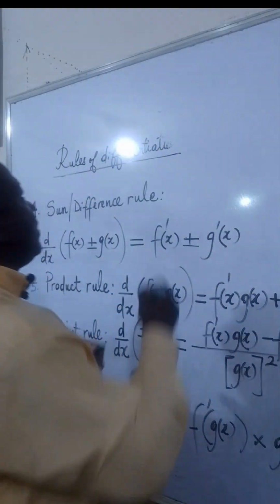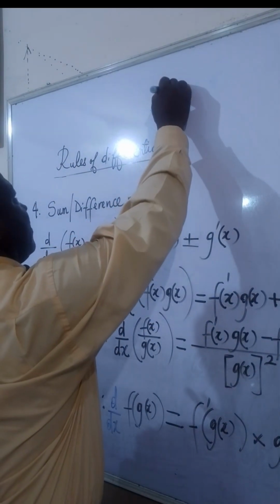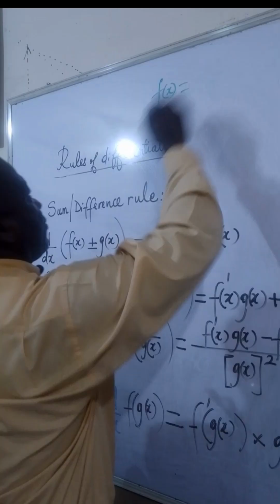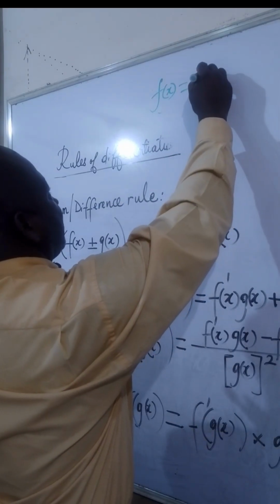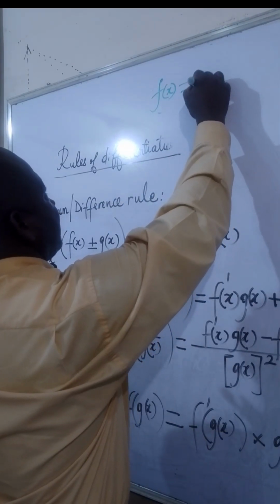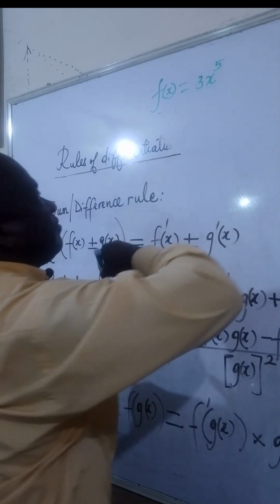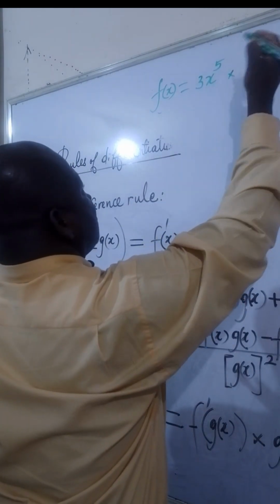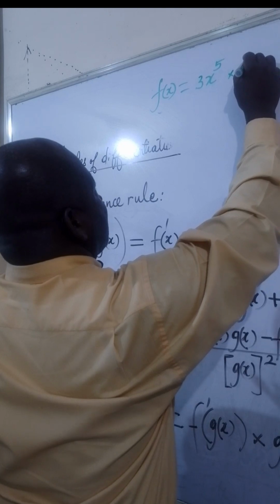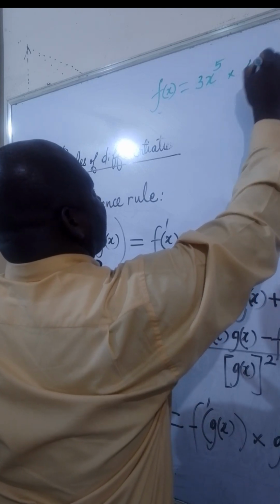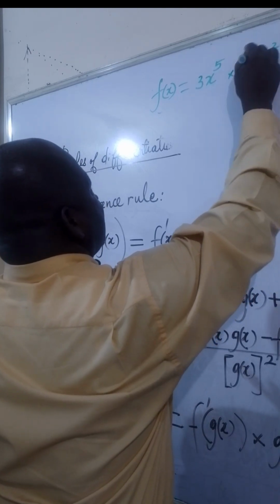let's say we have f of x equal to 3x raised to power 5 times another function, for example, 4x raised to power 2.